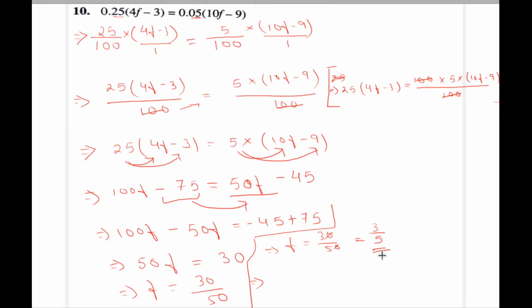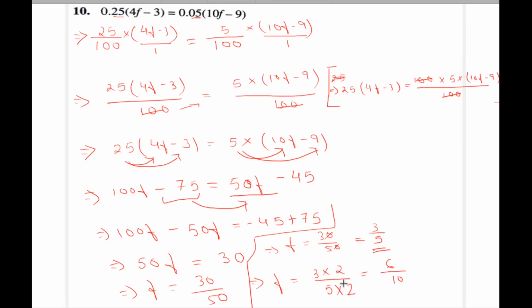Okay, now if you want the answer in decimal form, you want to change this fraction into decimal form, that is also possible. So what to do? We just have to make the denominator a multiple of 10. Okay, so first let us make it 10. So it will become 6 by 10.